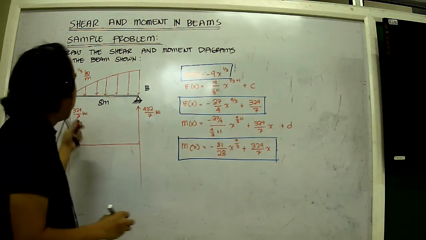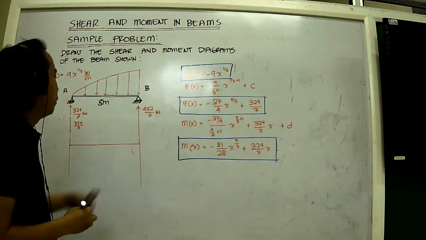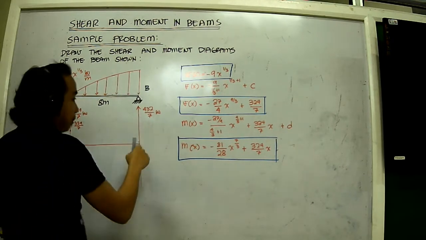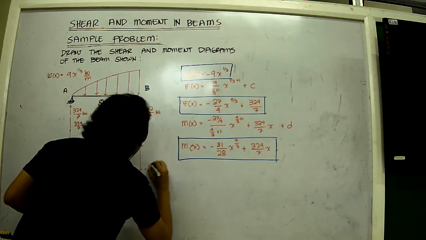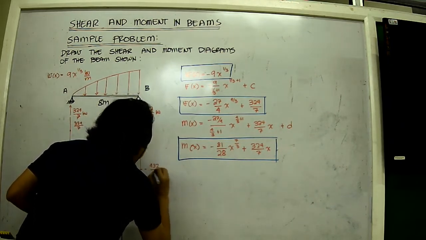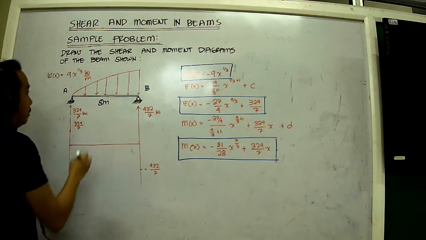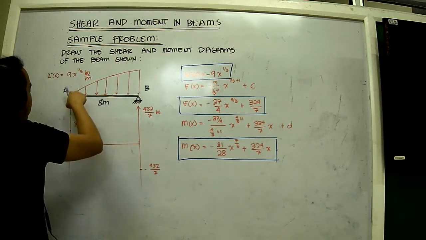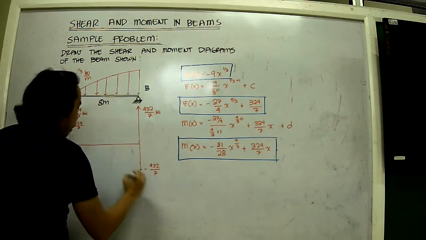When X is equal to 8, our shear should be equal to negative 332 over 7. You can input this, but that will be the number. So this should be equal to, okay? This is small. This is big.